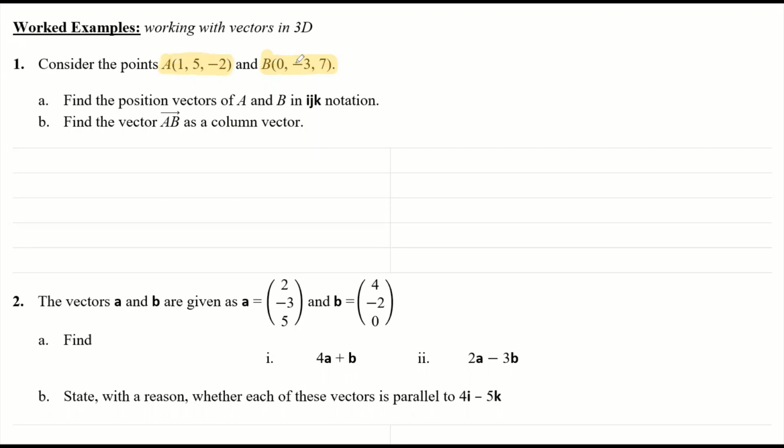Now, that makes part A very simple because it asks us to find the position vectors of A and B. So very simply, we can say, well, the position vector of A, this is for part A, of course, would simply be the vector OA.